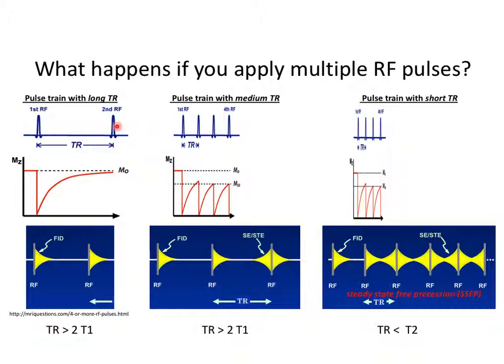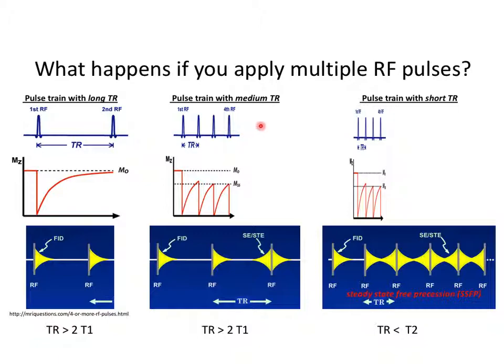Oftentimes if you're doing a multi-slice experiment, the slices will be separated by one slice gap. So you'll leave a slice in between, and then shift the whole thing and do it again on your next acquisition. So that is usually the multi-slice mechanism. You have an RF pulse, a free induction decay from which you acquire your image data. Sometime later, you do it again, and you get another free induction decay.